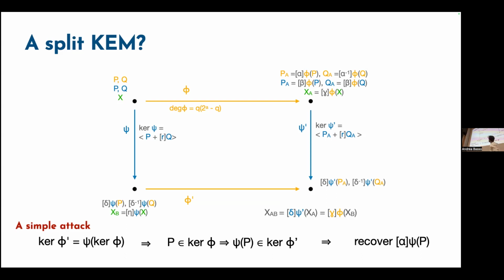You're the orange person attacking the blue person. So you have a point of order 5 up there, and you know the image under psi of this point of order 5 up to scalar.